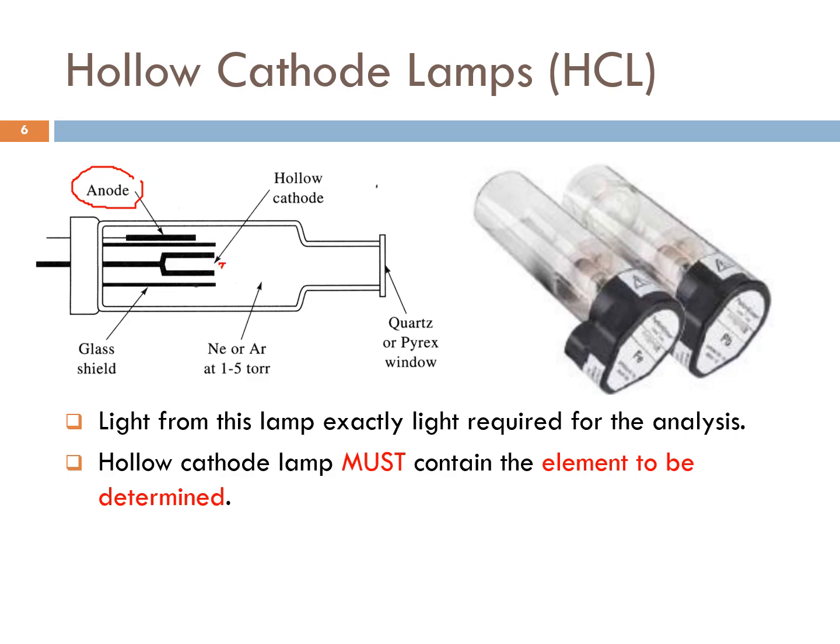Cathode ni mestilah diperbuat daripada metal of interest. For example, kalau kita nak detect iron dalam flame tu, cathode ni mestilah diperbuat daripada iron. Kalau kita nak detect sodium, then cathode ni hendaklah diperbuat daripada sodium.